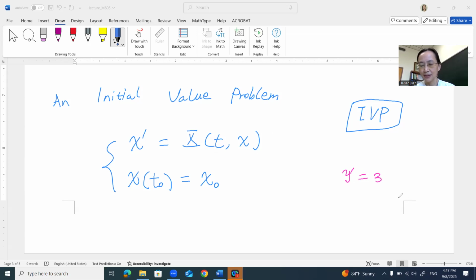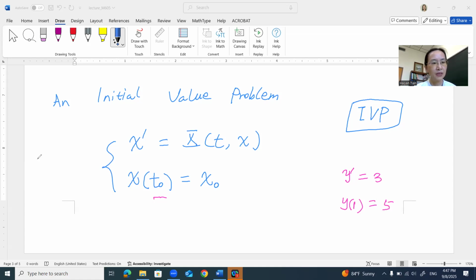So the right-hand side is just a constant value 3. Here, as simple as this is, a function y whose derivative is just 3. So that is the equation. And also I want to specify y at a certain t, t naught. So I can say at 1, it is 5.